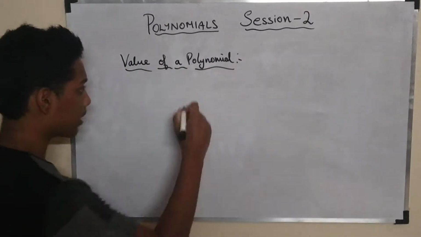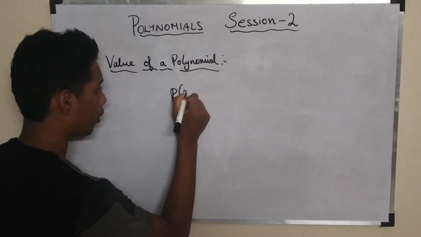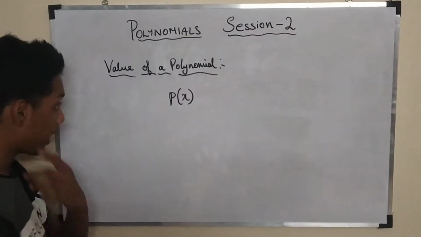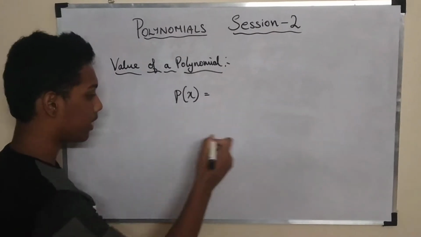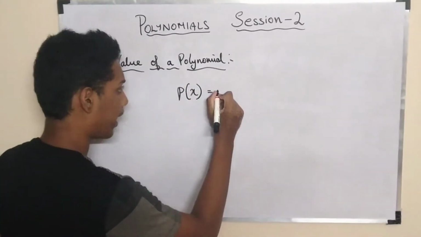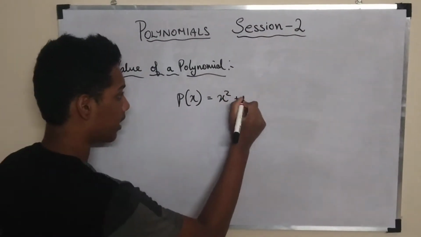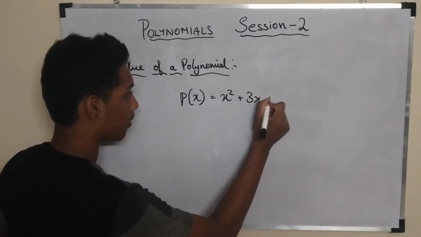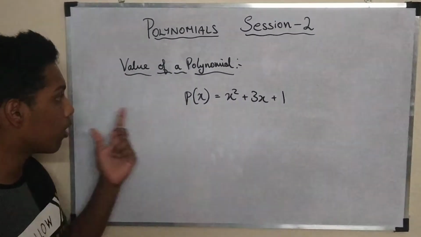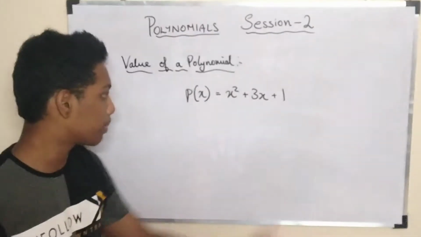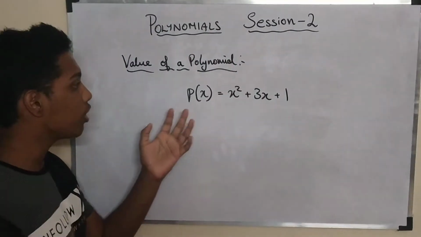So let's say there's a polynomial p of x, okay, and this p of x is equal to, let's say, any polynomial, x square plus 3x plus 1. Now, how to find the value of a polynomial?